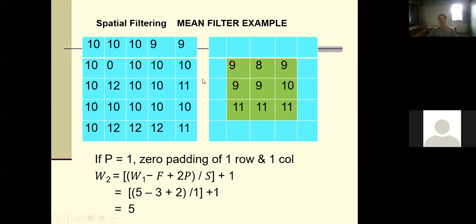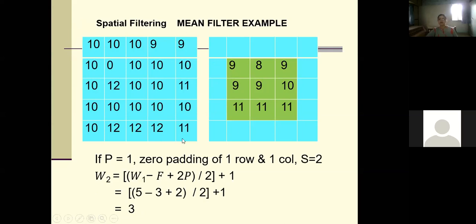Okay, so resultant image size will be 5 by 5, because as we have added 0 padding, you can determine value of very first pixel in the image. That is possible. Also, you can determine new value for the last pixels in the image. Okay, so resultant image size will be 5 by 5 and not 3 by 3 if we consider P as 1. Is it clear?